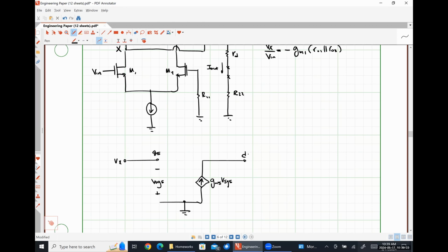This is the drain of M5. Here's ro5. And I think this should be the direction of our output current.